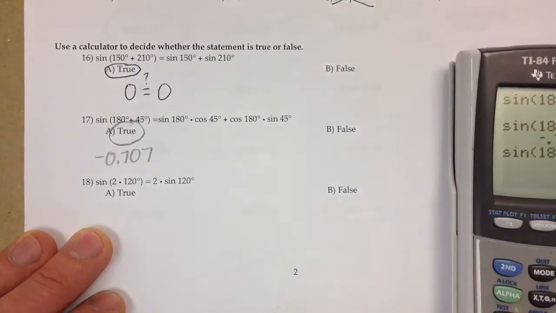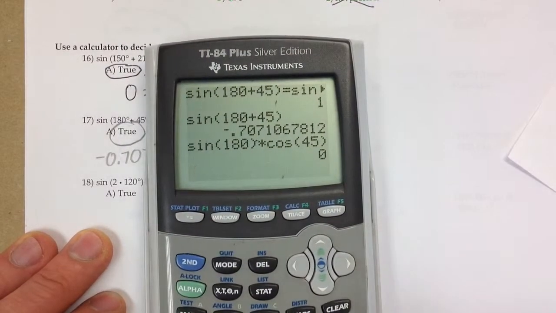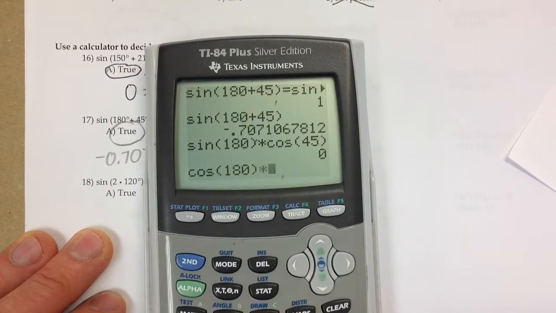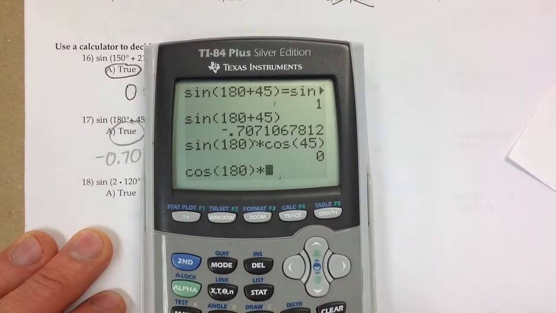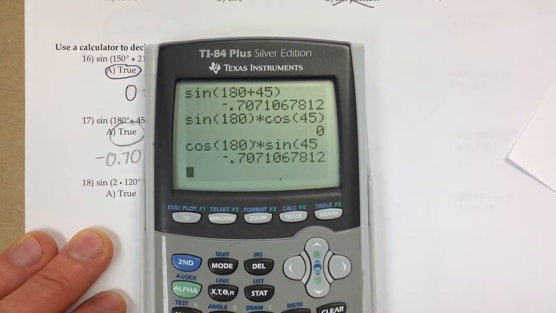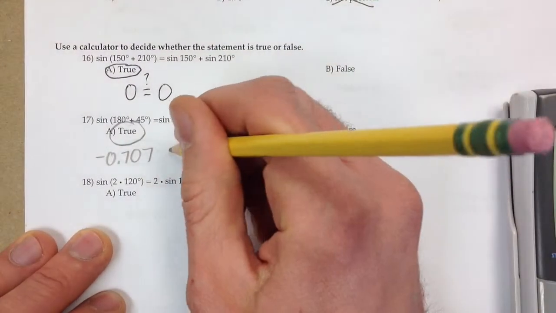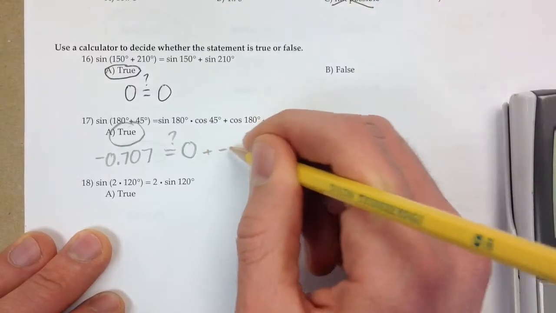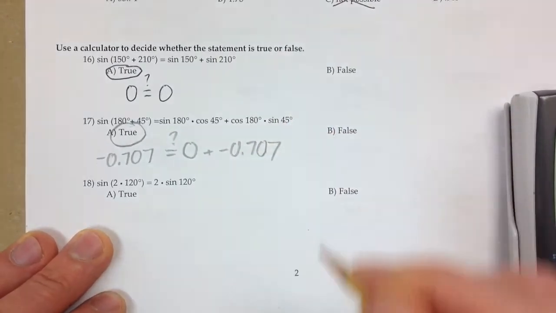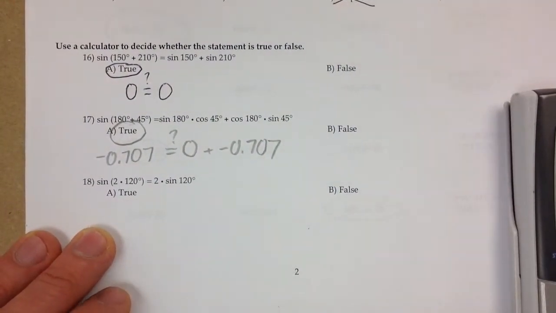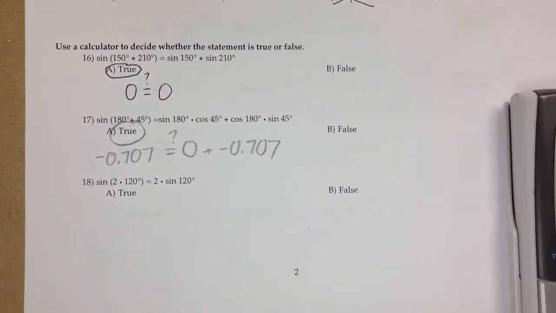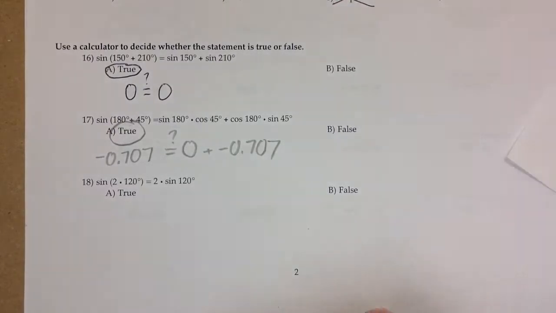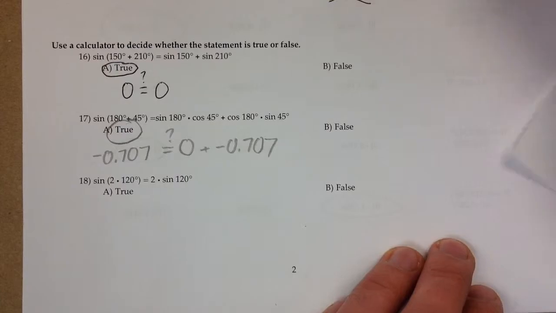That's 0. And then cosine 180 times sine 45. That's that. Yep, that is a true statement. Okay? 1 is true, 0 is false.